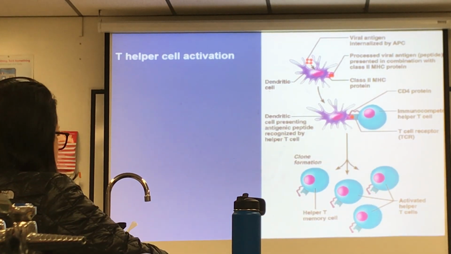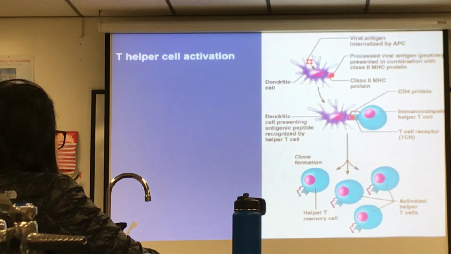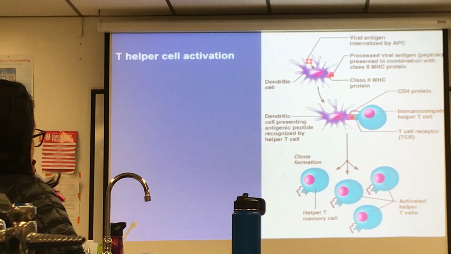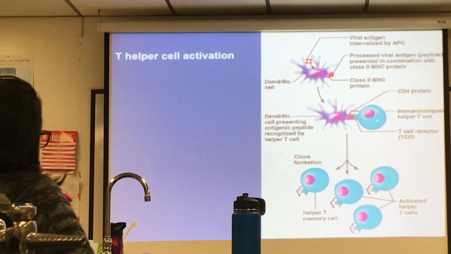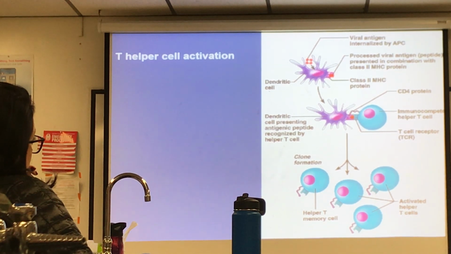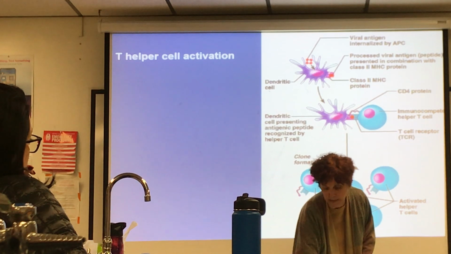The macrophage or the dendritic cell ingests the antigen and puts it out there with the MHC class 2 molecule, and the T helper cell receives the interleukin-1 from the macrophage. So our T helper cell is already activated. So now we're going to make the plasma cell.